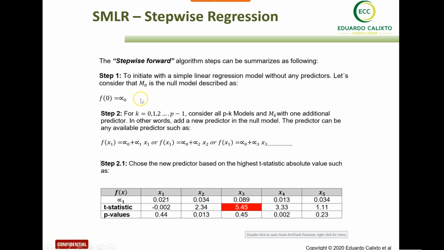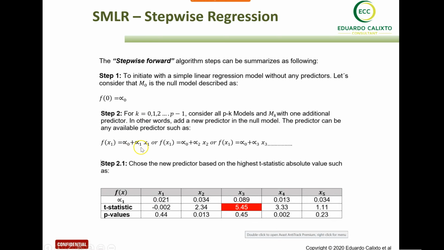So in the second step, we add one variable here. Depending on the case, we can have 10 types of variables or 5 different variables to add to our equation to make the regression.